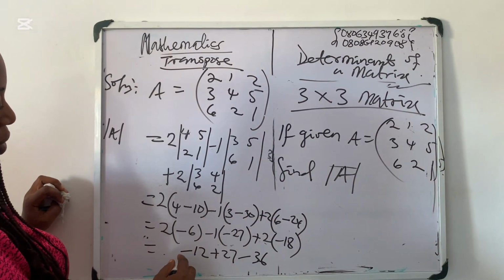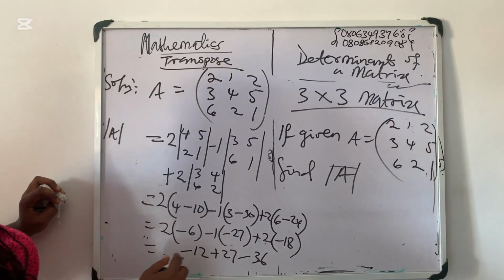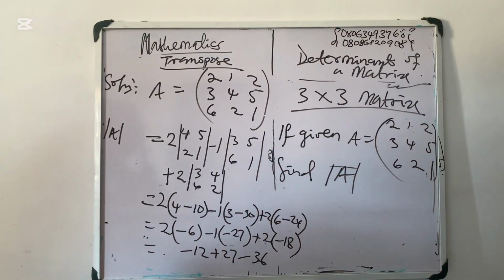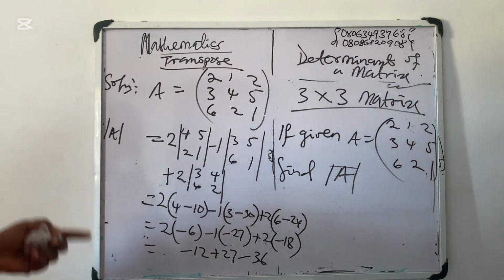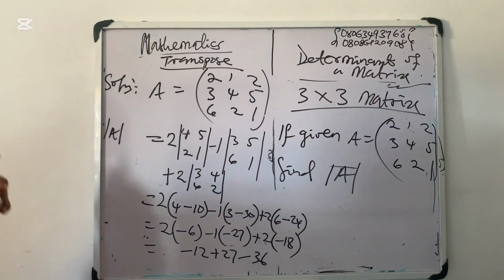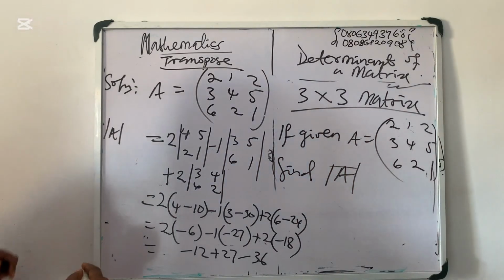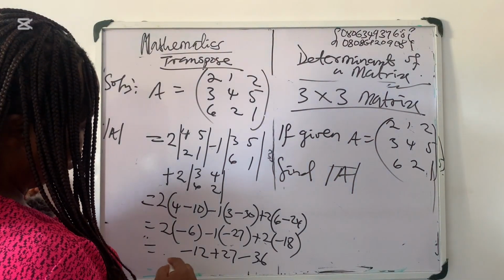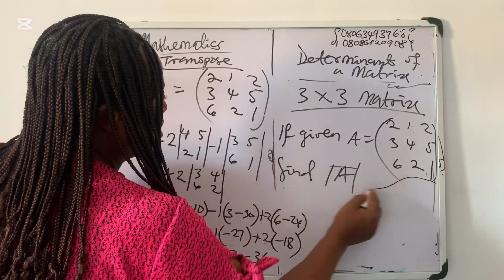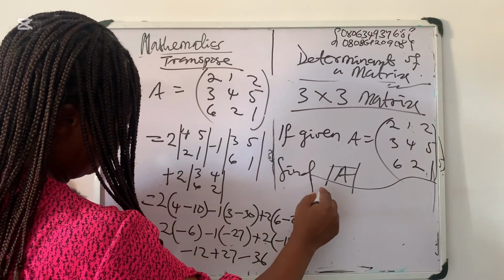Now, minus 12 plus 27 minus 36. That is to say 27 minus 12 is 15. Now you have a 15. Permit me to use this side of the board.